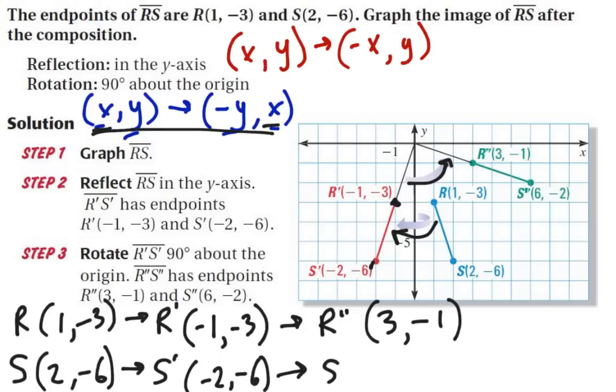And then S double prime is going to be found, again, following those instructions. I'm going to use the opposite of the y coordinate as my new x coordinate, so that's going to become 6, and then the y coordinate is the x coordinate, so that's going to be -2.